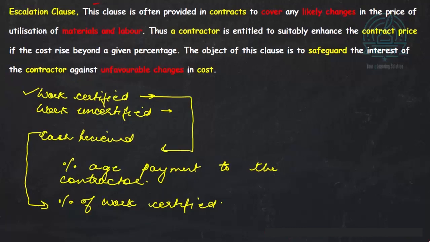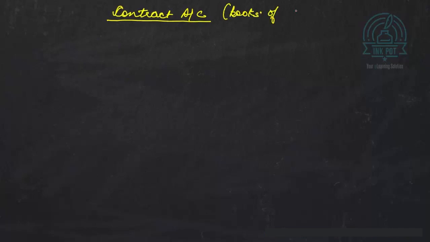Now, moving further, let me explain to you the format of the contract account. First of all, the contract account is always prepared in the books of the contractor.